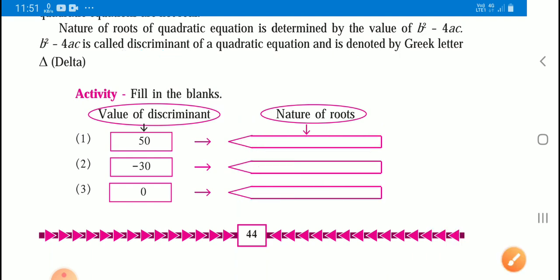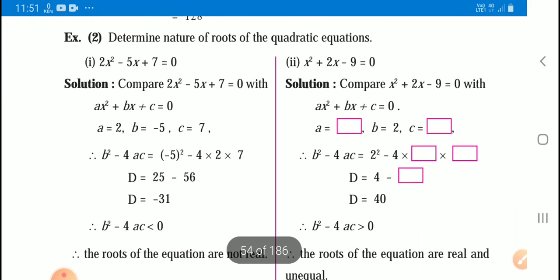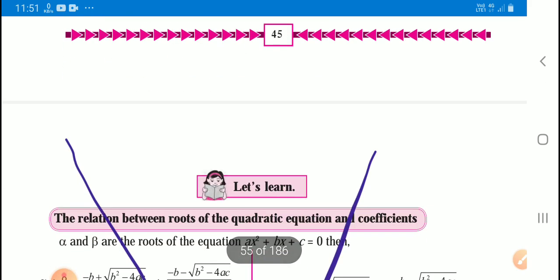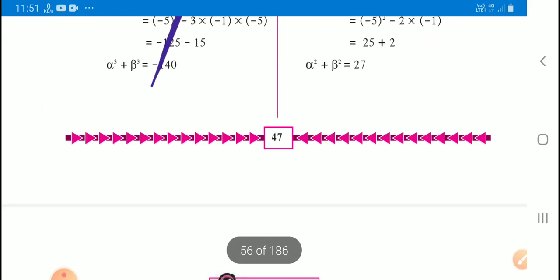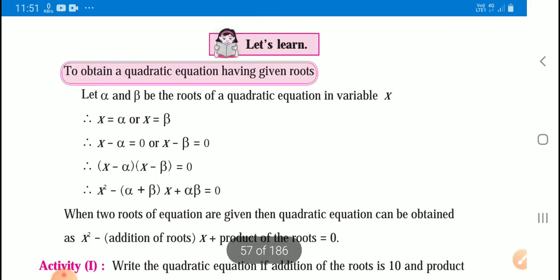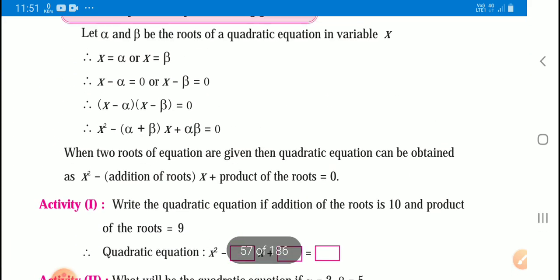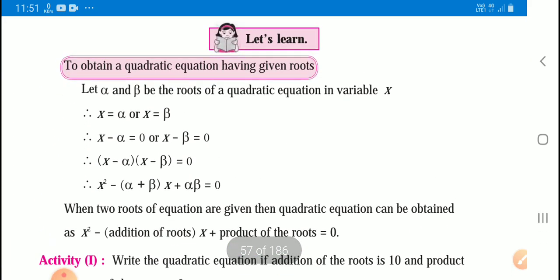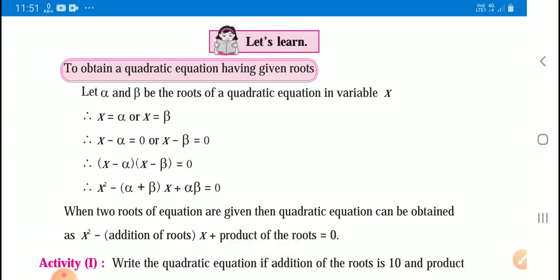Now the next point we will see. The relation between roots and coefficients has been reduced from your syllabus. Then the next point is to obtain a quadratic equation having given roots, means they will give the values of alpha and beta, and you have to obtain the quadratic equation.